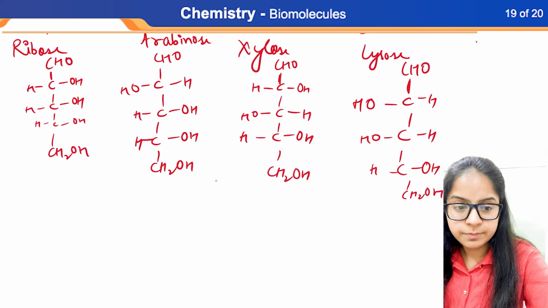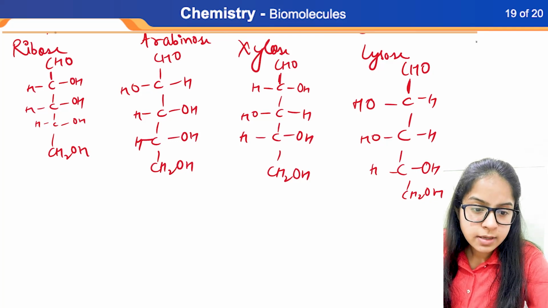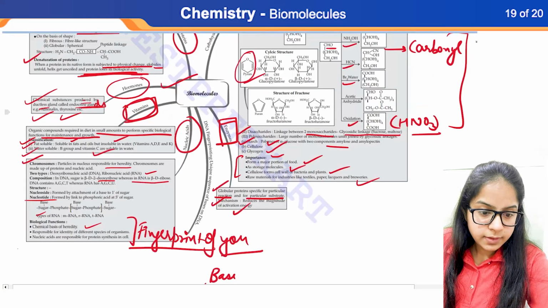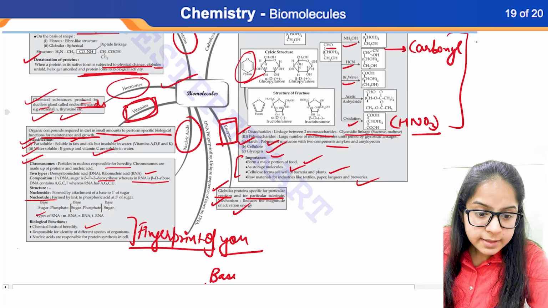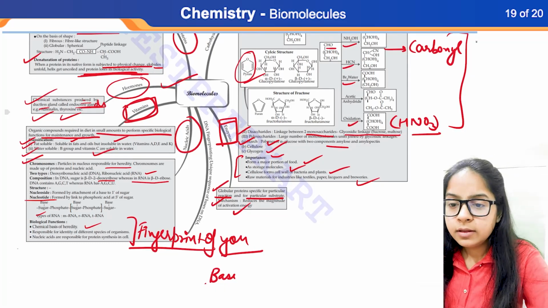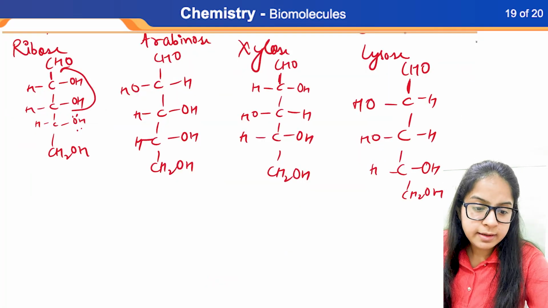2-deoxyribose and RNA and DNA structure. This one is your ribose. So this one. Okay. Here you can see beta D 2-deoxyribose and beta D ribose. You know that beta means OH on the left side.